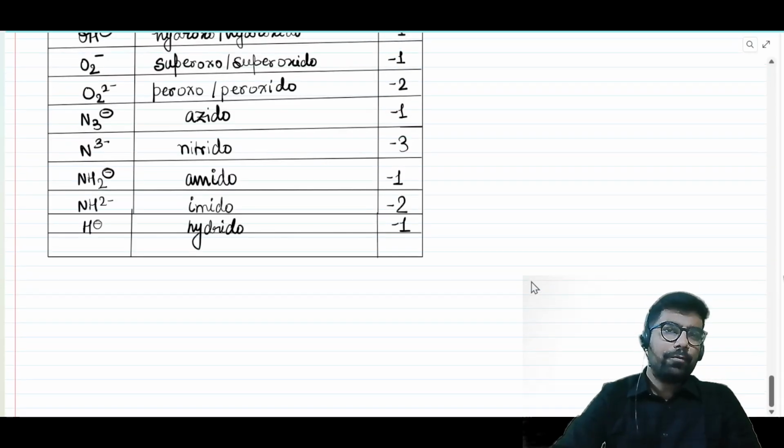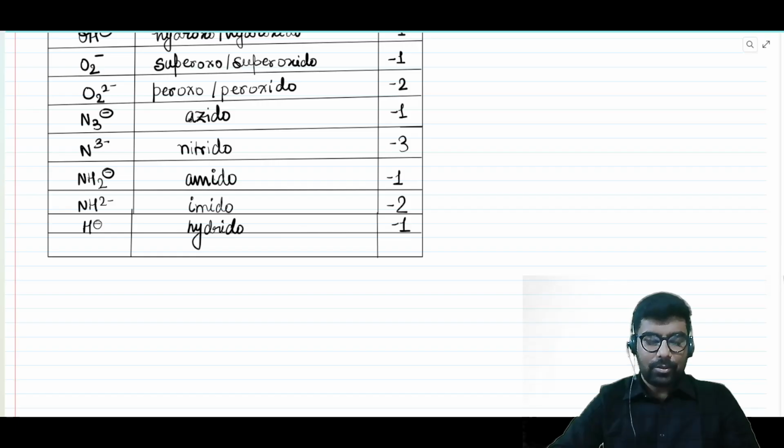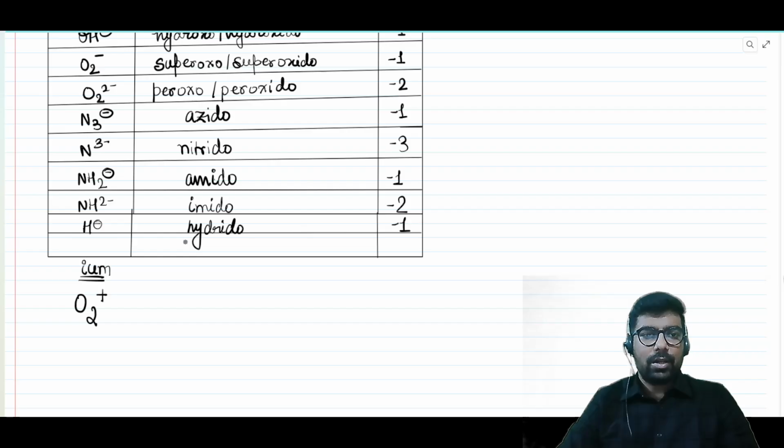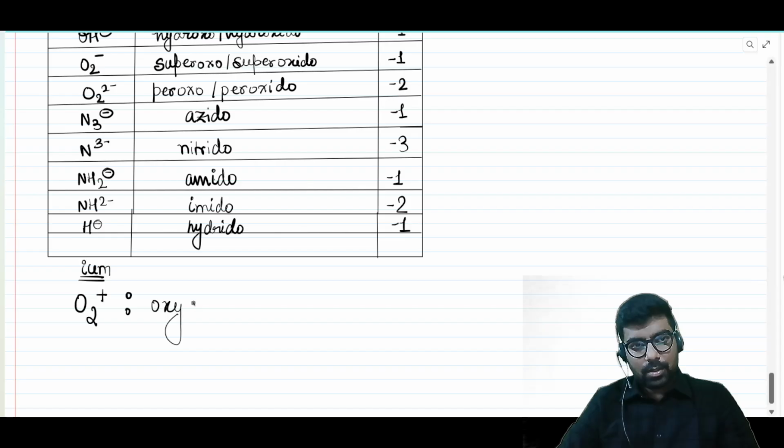Then we have very few cationic ligands also. Something like O2 plus. When there are cationic ligands, we use the term ium. Like ido and O we use for anionic, we use ium for cationic. So it is called oxygenium. Charge is +1.